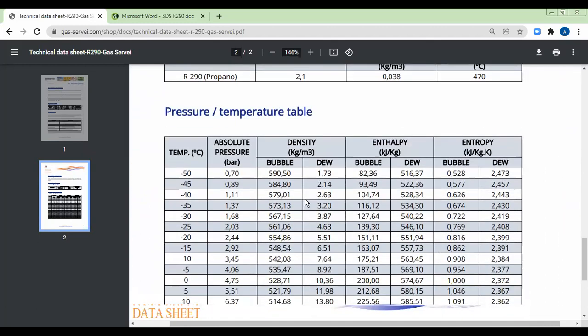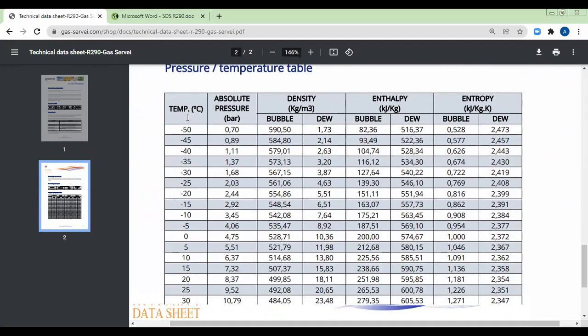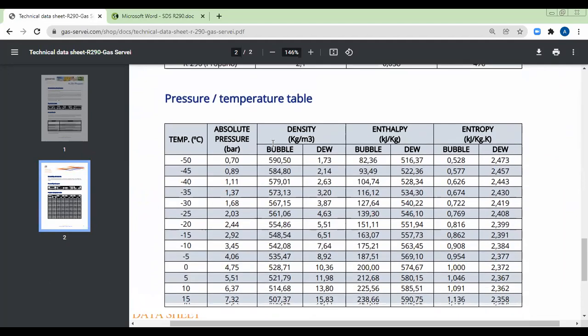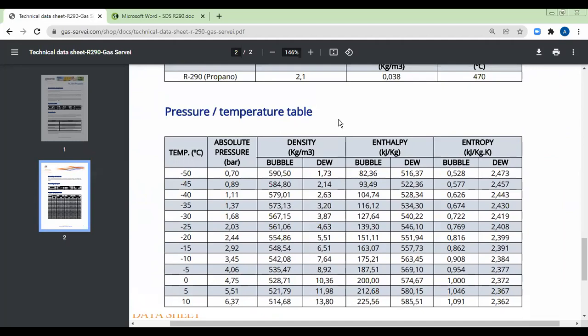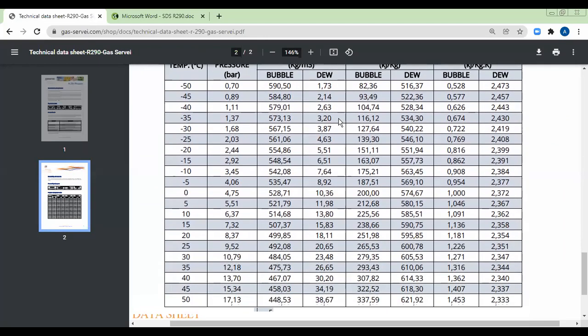You can go through and also you can see pressure temperature tables. Temperature, the pressure. So densities, enthalpies, entropies. What are these? Also coming under physical properties.